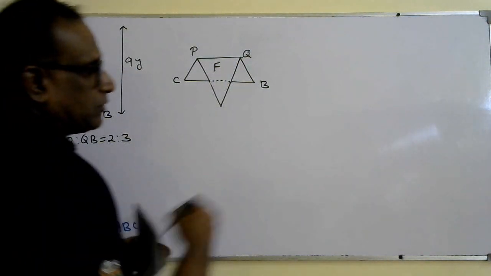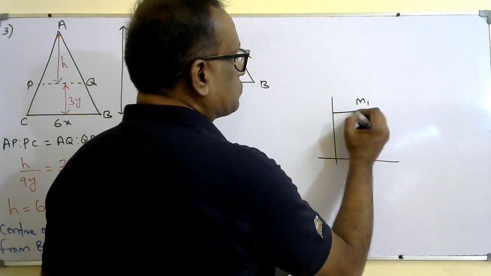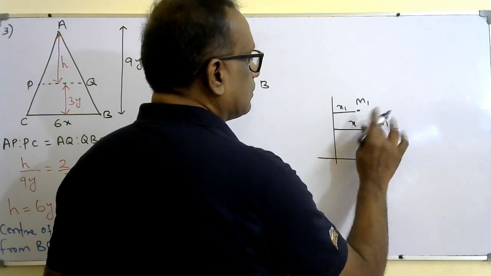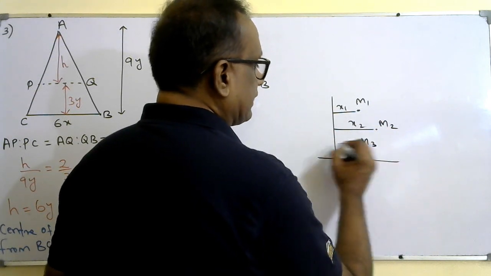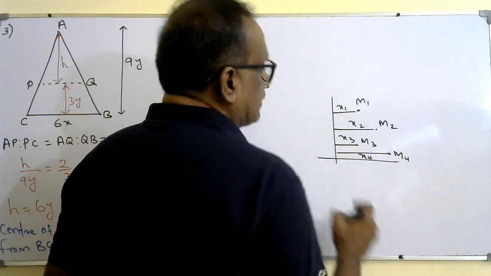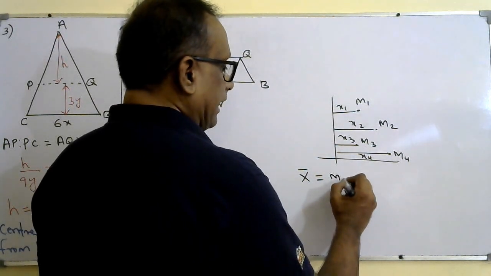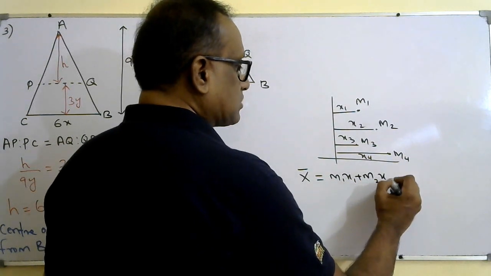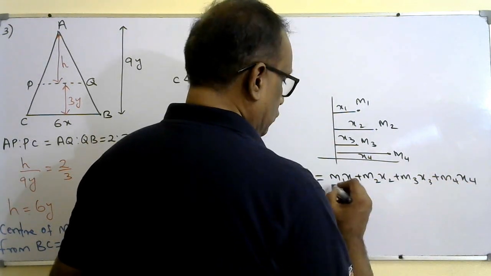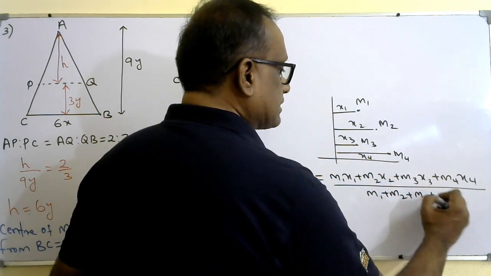That means if you have a system of particles, like there is a particle M1 at a distance x1, a particle M2 at a distance x2, a particle M3 at a distance x3, and M4 at a distance x4, the x coordinate of the center of mass of this system would be given as x bar equals m1 x1 plus m2 x2 plus m3 x3 plus m4 x4 over the total mass m1 plus m2 plus m3 plus m4.